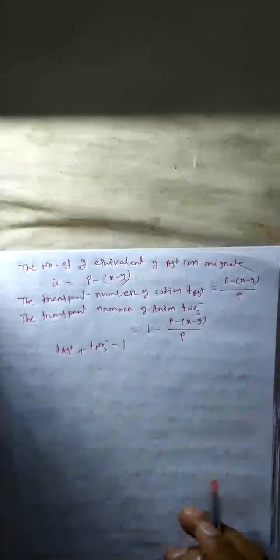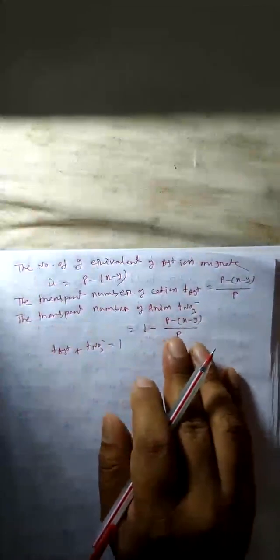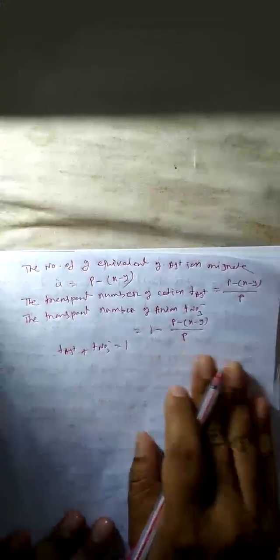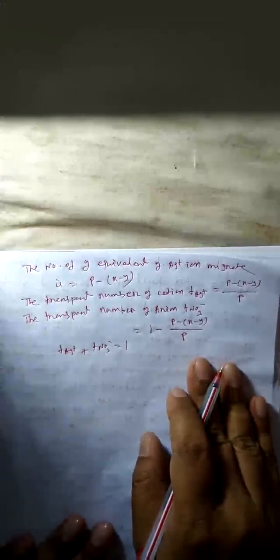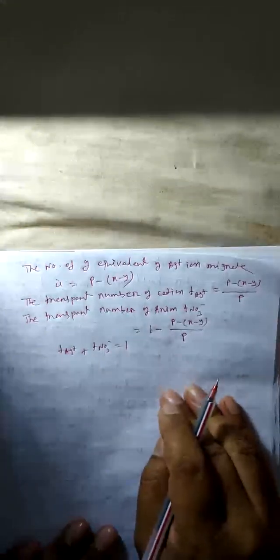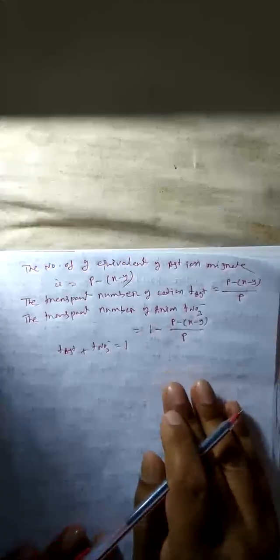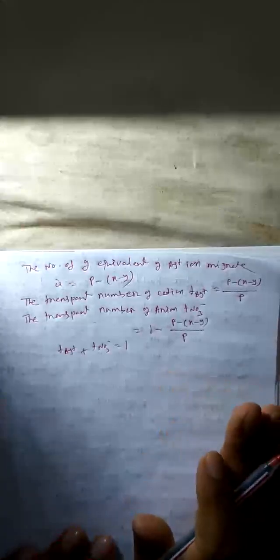Okay, this is how you find the transport number using the experiment. So this is all about the calculation of the transport number. Go through the entire video and you can find it out easily. Okay, now we have to end here.